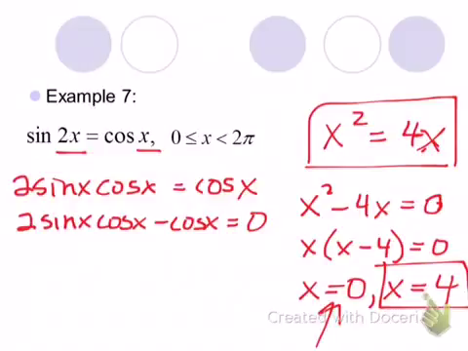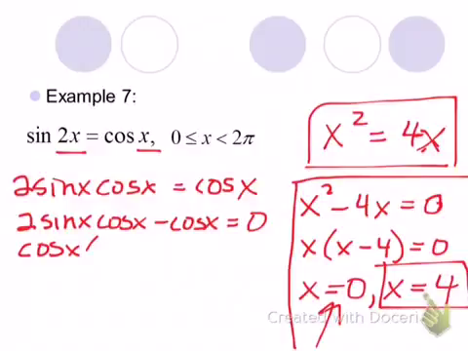Now, in the algebra equation that we're working with over here, we factored out an x. Is there anything that we can factor out of our trig equation? We can factor out a common factor of cosine x. And that will leave us with 2 sine x minus 1 equals 0.